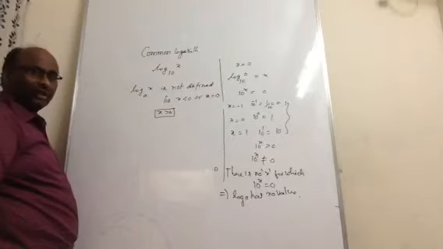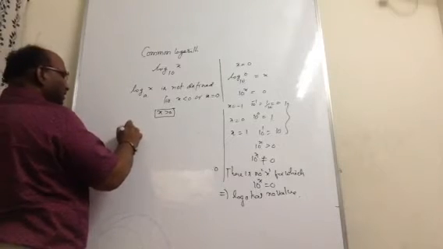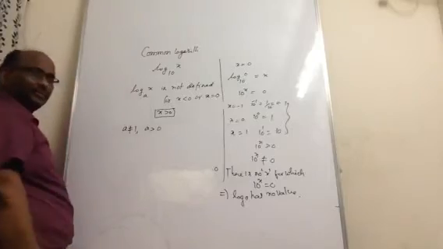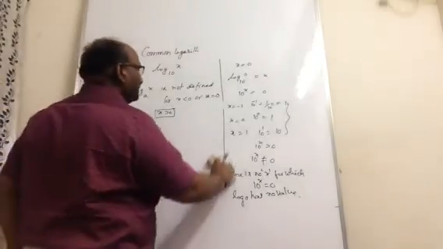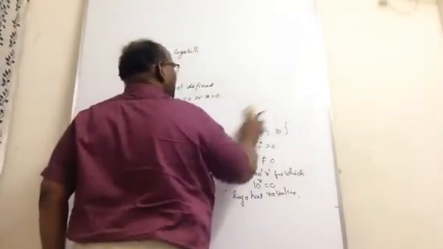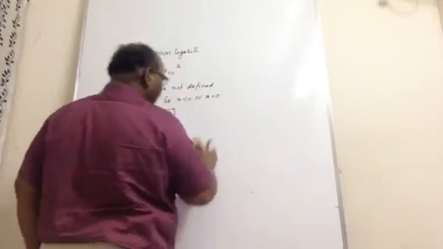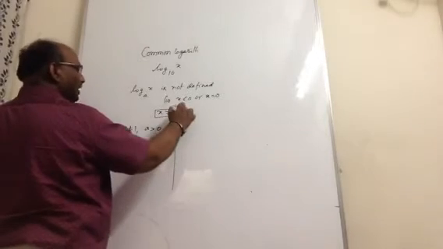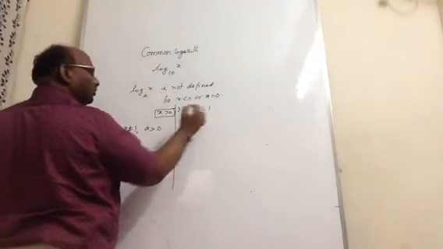On the base, they have given one more restriction. What is the restriction? a should not be 1, a must be positive. So why must a be positive? Why should the base not be 1? What happens if the base is 1? Let us say a equal to 1.